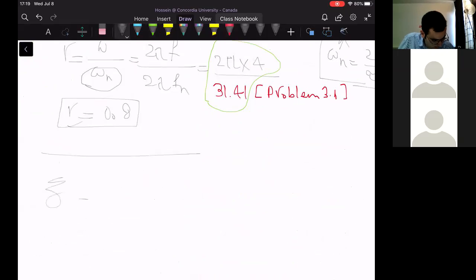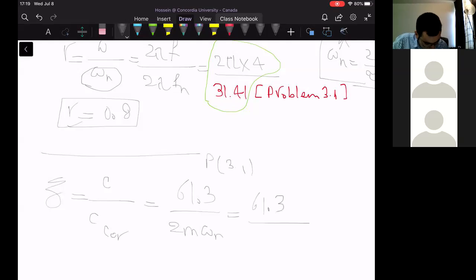Zeta is C over C critical, basically. In the first problem, I obtained C as 61.3, problem 3.1. So I have C, and C critical is 2 m omega n, where m is given in the first problem as 1.95 kilograms, and omega n we calculated is 3141 radians per second.